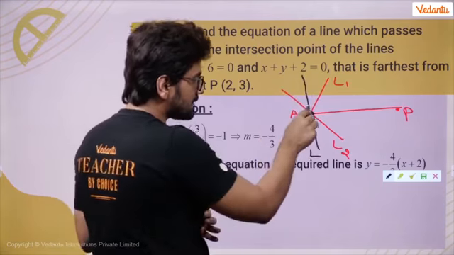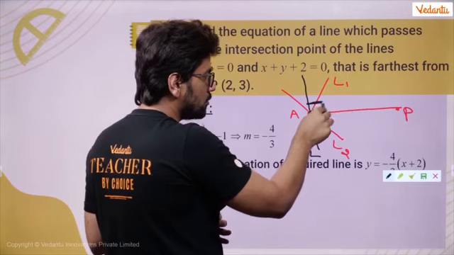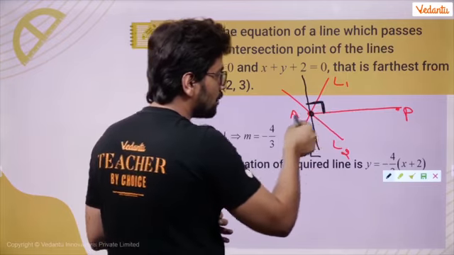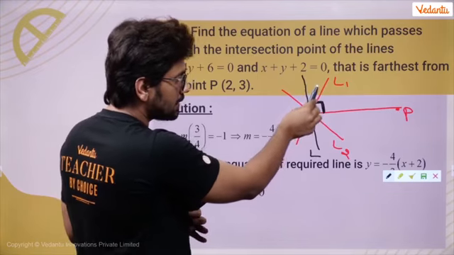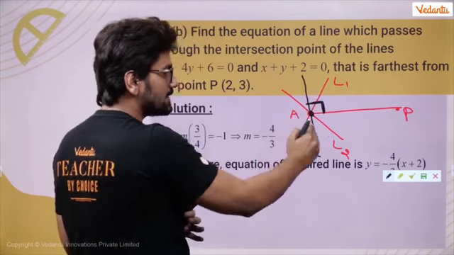So definitely this line L will be perpendicular to AP, only then this line is the farthest. Any other line you can take is definitely nearer than this line.